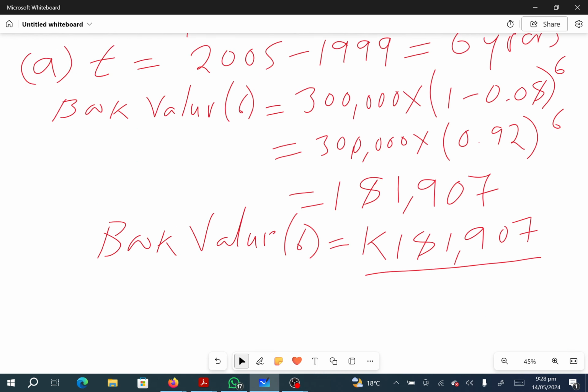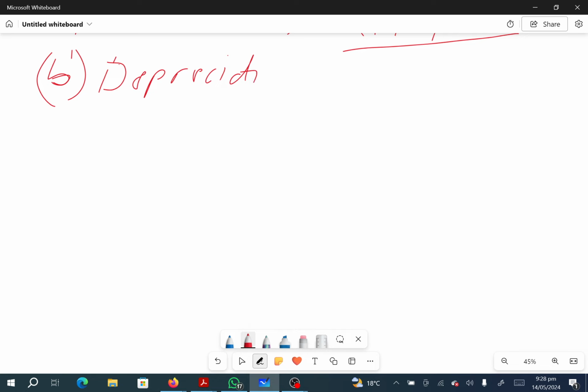So say in part B. So part B is asking me to calculate depreciation for year 2006.